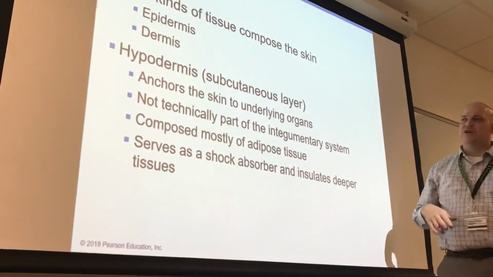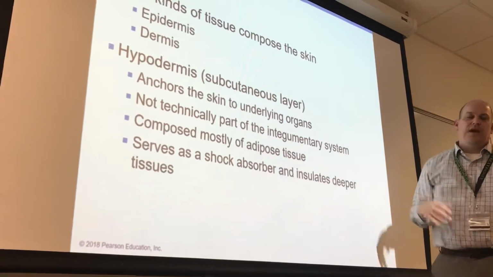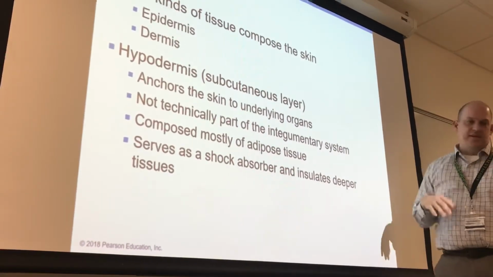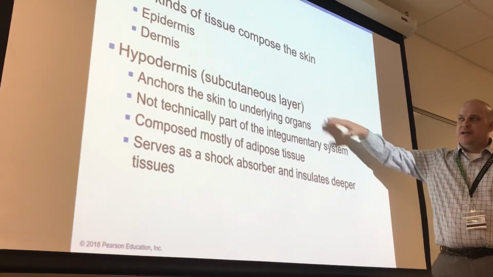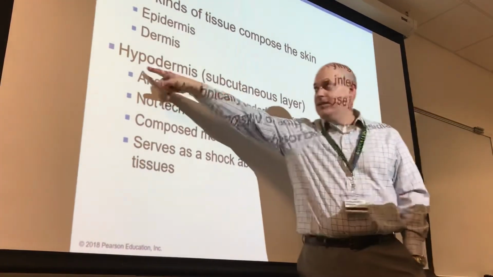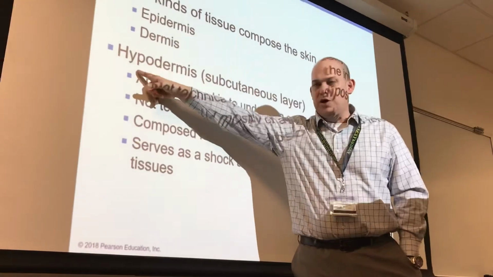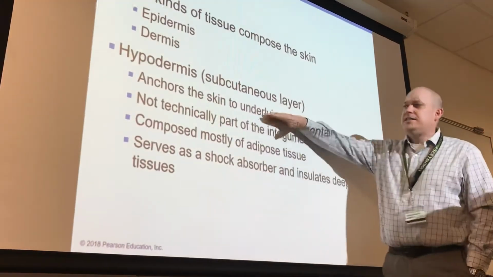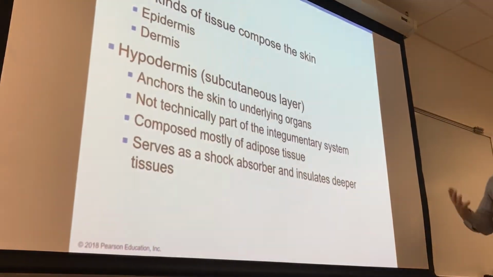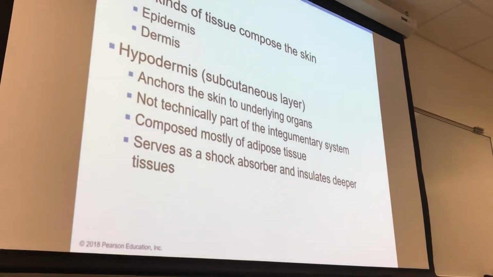And then underneath these 2 layers, ultimately connecting the epidermis and dermis to all of our lower or deeper structures, is the layer called the hypodermis, or the subcutaneous layer. Hypo means less than, so it's below the dermis. This is the layer of our skin which anchors the skin to the underlying organs, whether it's the skeleton, the internal organs, or some of the connective tissues in our body.